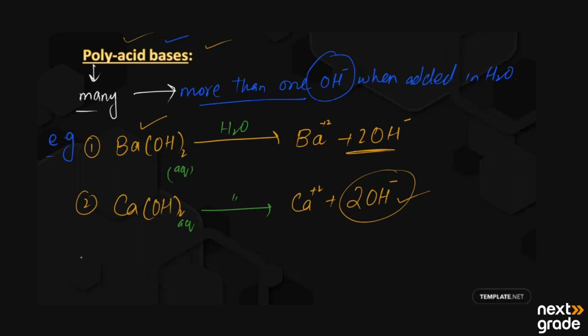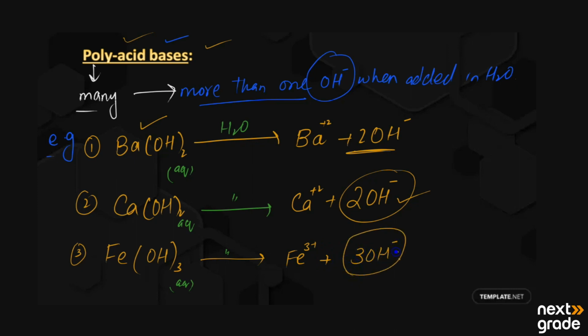The third example is iron hydroxide, Fe(OH)3. Under the same conditions in aqueous water, the products are Fe 3 positive and 3 hydroxide ions. As it has produced more than one hydroxide ion, it is known as a polyacid base.